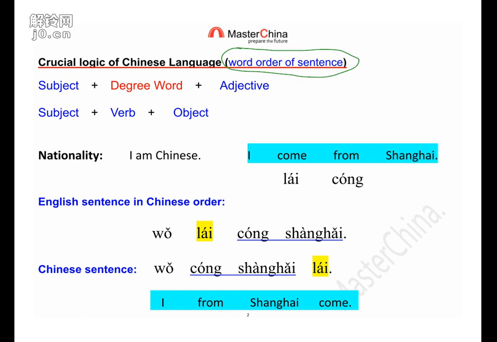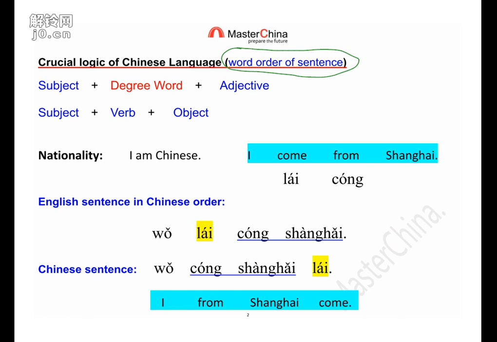So comment is adjective. That's why we need degree word. And the second type is we describe somebody do something, or describe or introduce something, right? So we have these two kinds of sentence order. Basically, we think Chinese sentence and English are very similar, even exactly same, if we do the word-by-word translation.